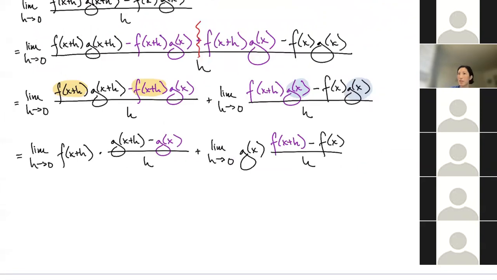Right? F of x plus h is really f of x plus h over 1. So I'm choosing to keep the h with the g terms. I could also put it with the f of x plus h, but I could only put it with one of them, not both of them, because we're multiplying, right? If we were adding fractions, then we would need it over h, but since we're multiplying them, we only keep the denominator with one of them, okay?